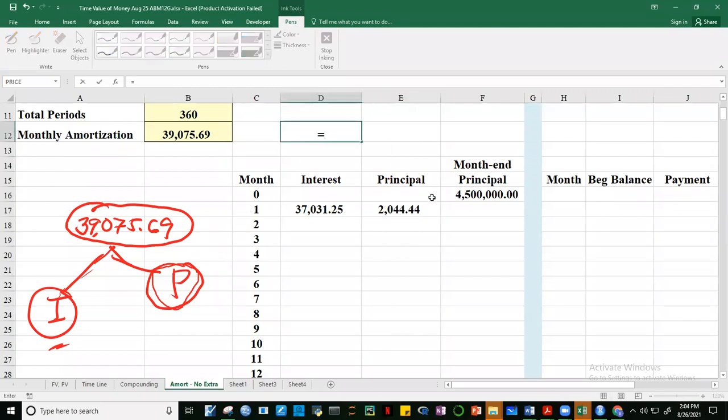That means, guys, sa first month, 37,000 divided by 39,000, 95% yung mapupunta sa interest, no? And then the remaining mga 5% lang ang mapupunta sa principal. Okay? So ganun talaga, guys, sa initial months, talagang ang laki na napupunta sa interest, mas konti ang pupunta sa principal. So ang formula nito ngayon, 4.5 yung month-end principal natin, bawasan natin ng 2.4. Yan. So ito pa rin yung principal balance natin.